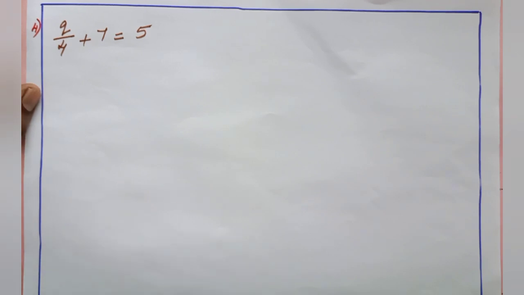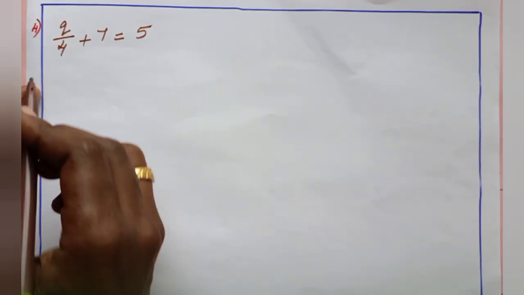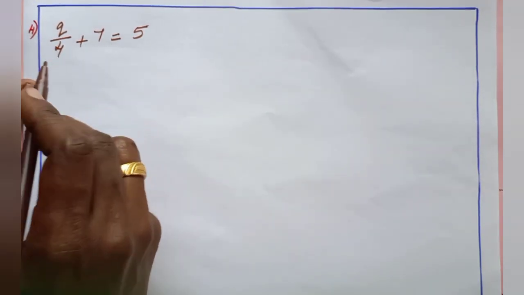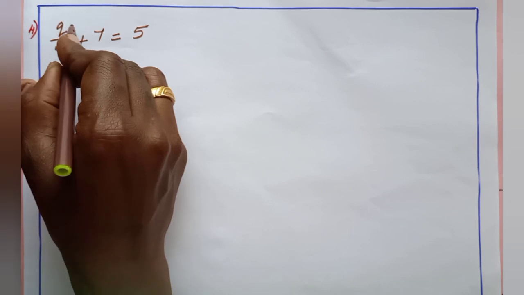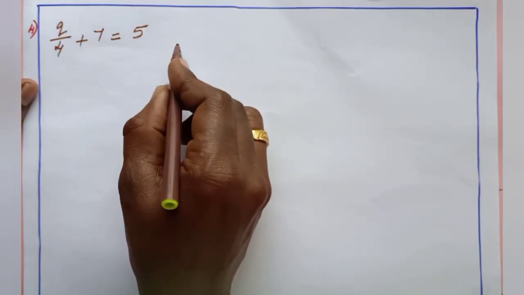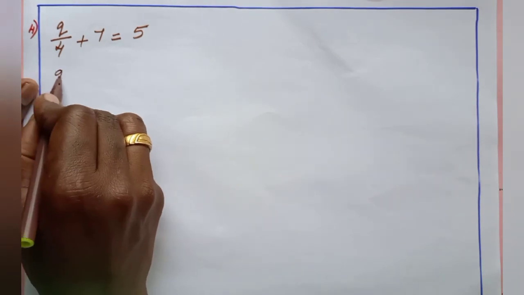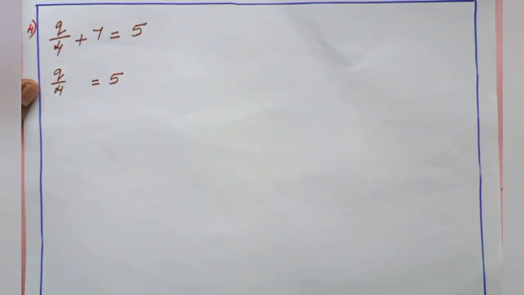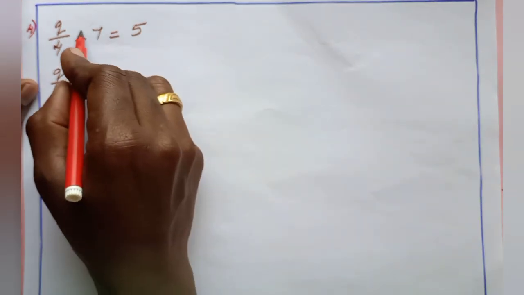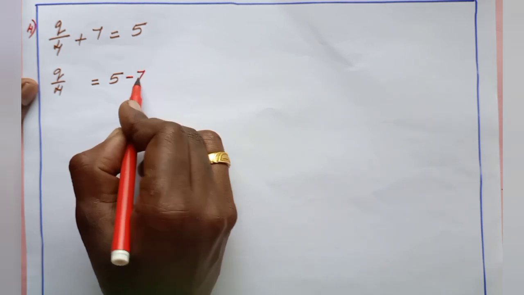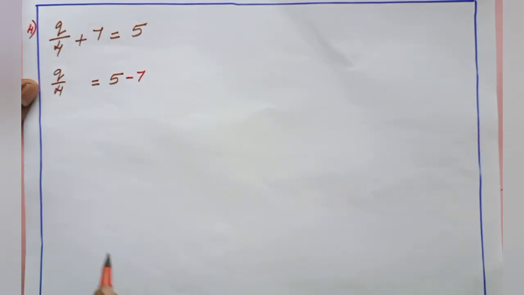So this is an equation in variable Q. We want the value of variable Q. So take this positive 7 to the right side. So Q by 4 equal to 5. Take the positive 7, transpose it to the right side, and it changes into negative 7.